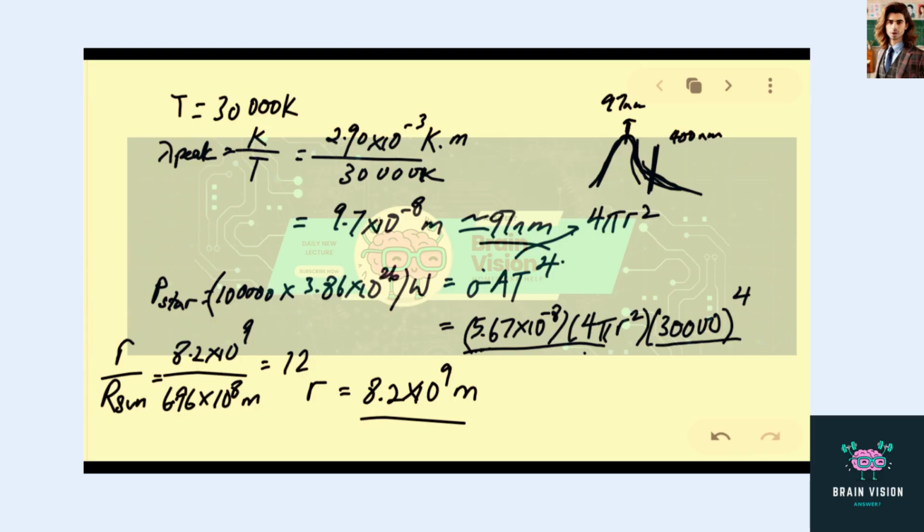Most of the power radiated is not in the visible spectrum, and as such, the visual luminosity would not be proportional. The main reason is that it's not in the visible region or spectrum.